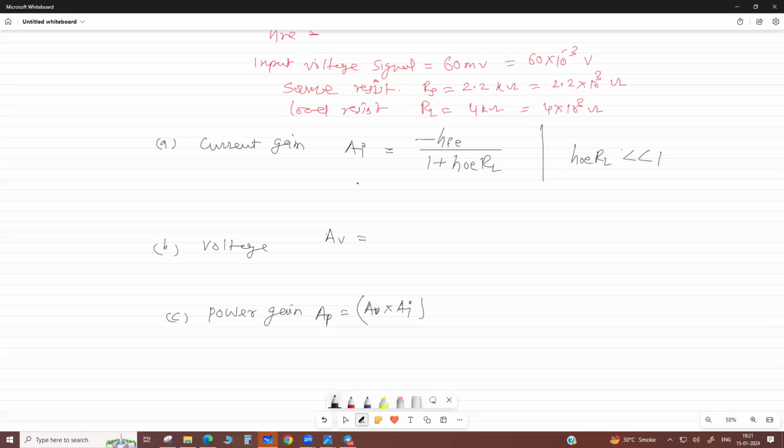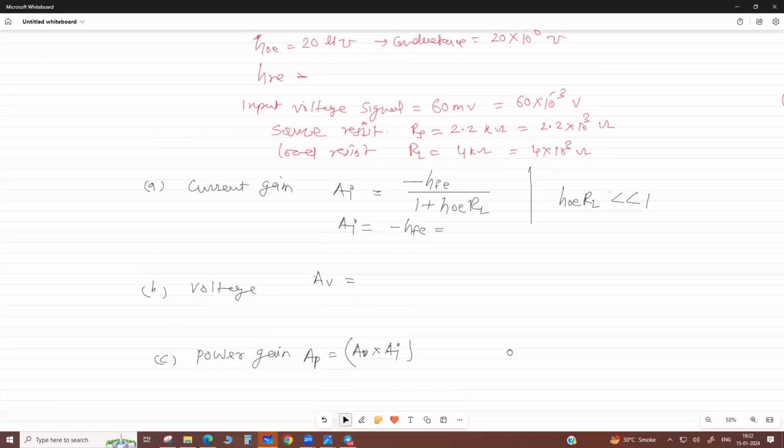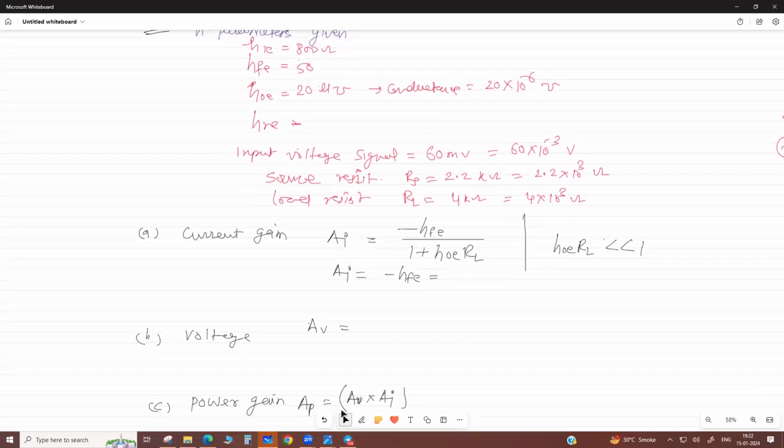If we neglect it, then AI equals minus HFE only. What is HFE? 50. So the current gain is 50 only. Gain is a ratio, so no unit. Then the voltage gain is minus 50, right? Yes, minus 50.